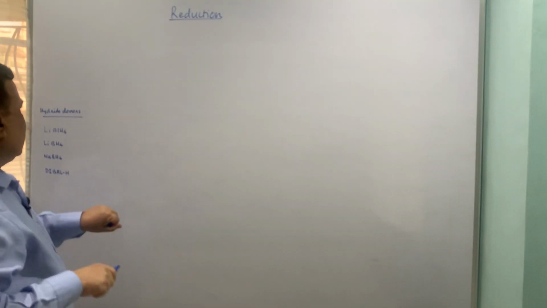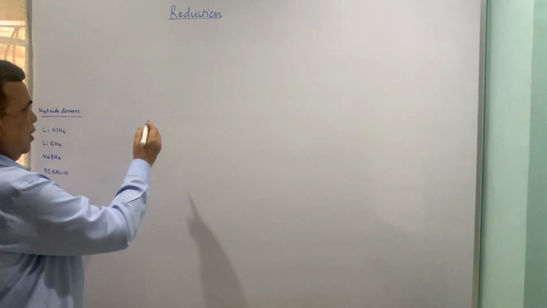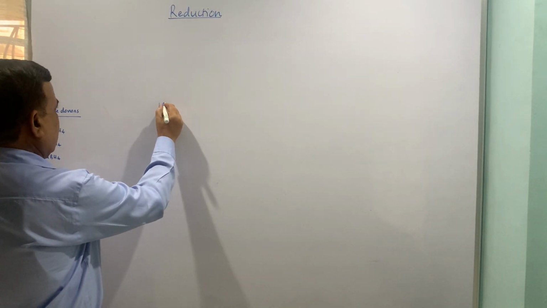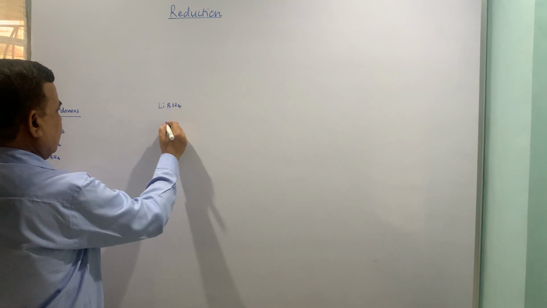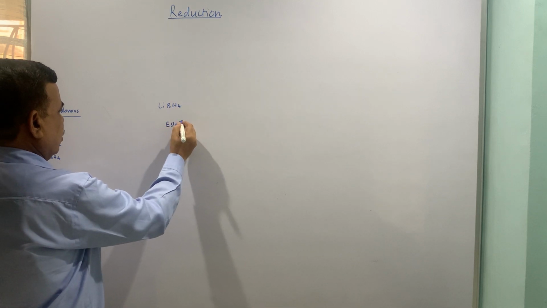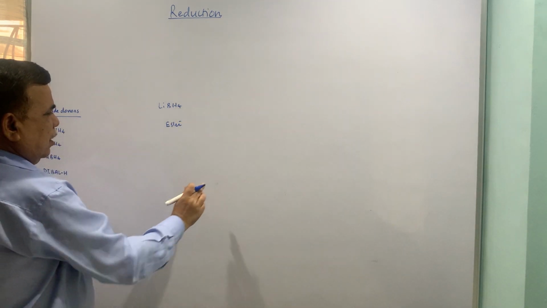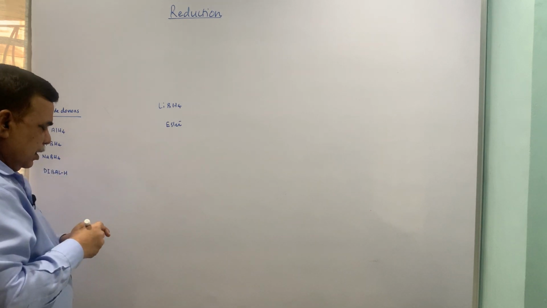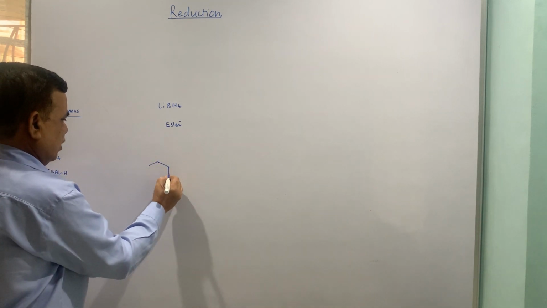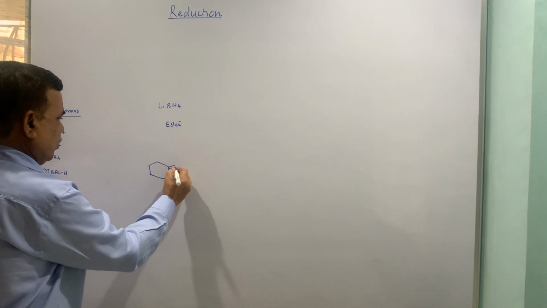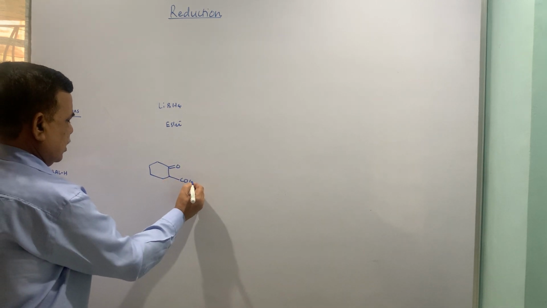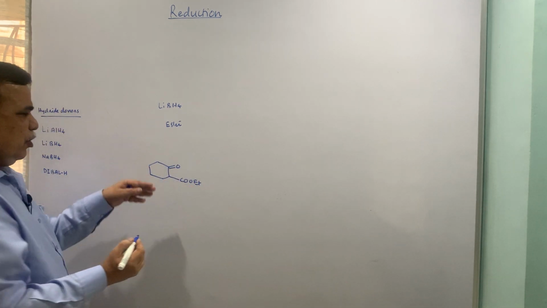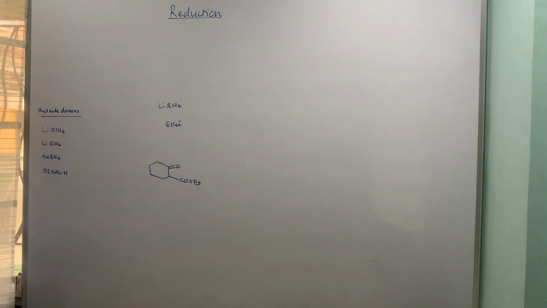Lithium borohydride, now this is a specific reagent for the reduction of esters. Now if I use a bifunctional compound, let me put a bifunctional compound here. Say this carbonyl has got an alpha ester.